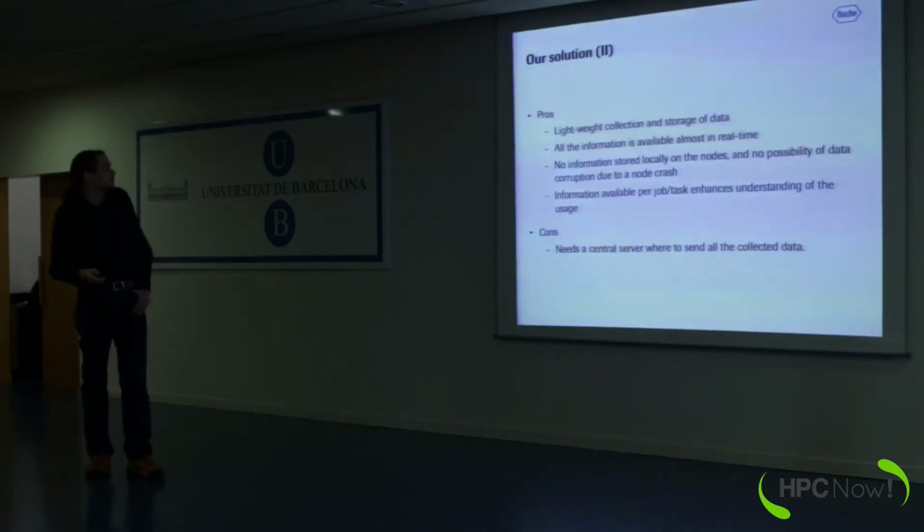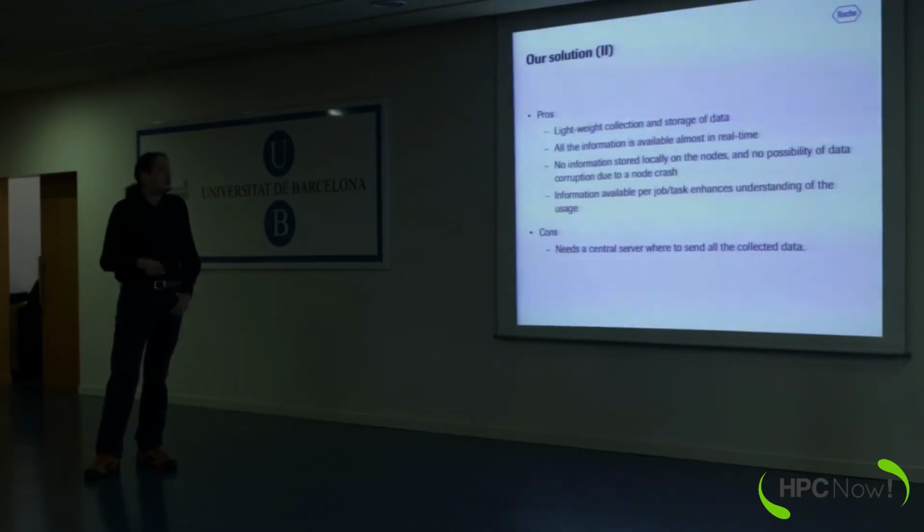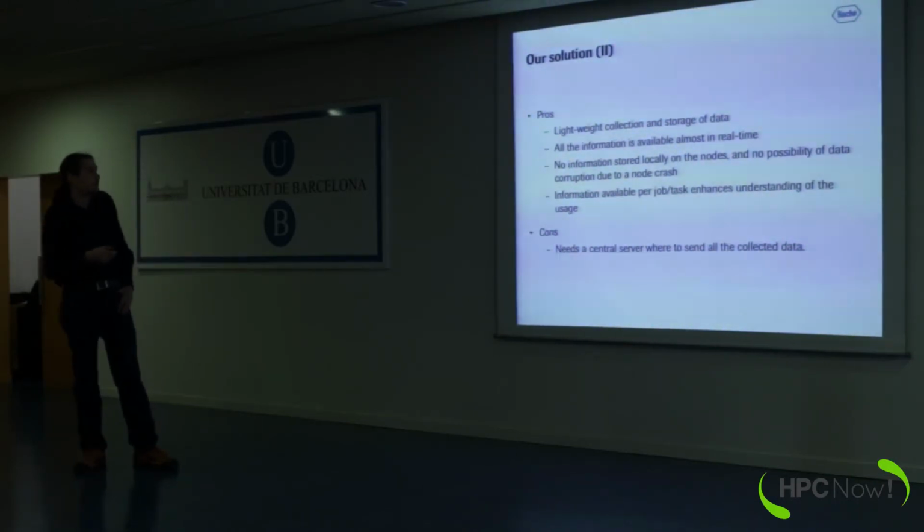So what are the pros and cons of our solution? It's lightweight, obviously, because it's based on the same framework. All the information is available almost in real time. You only have the delay of buffering 16K of data. Usually it's around 30 seconds, the data that you buffer.